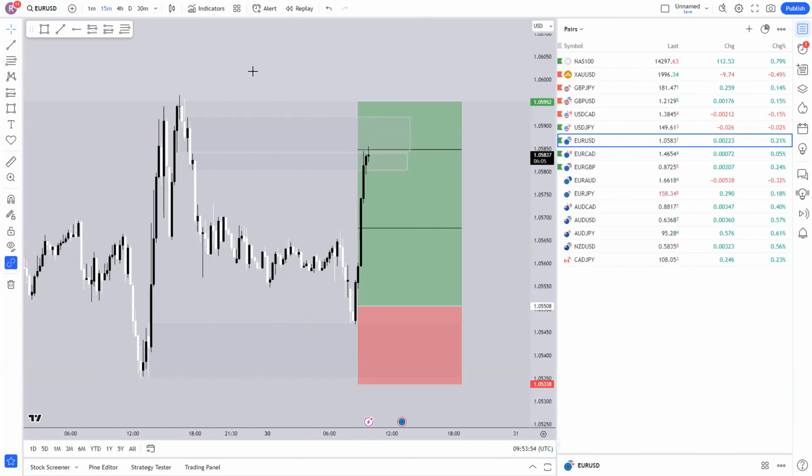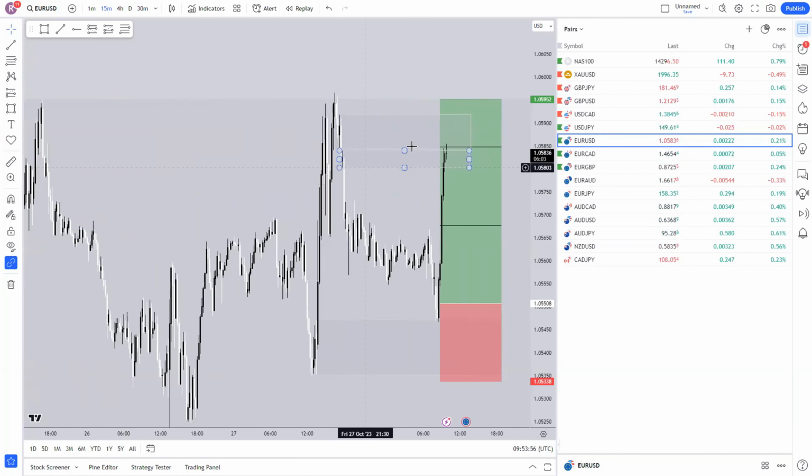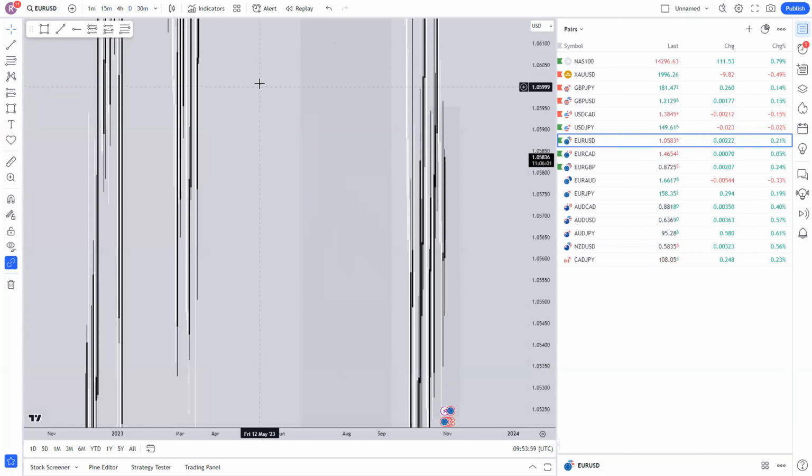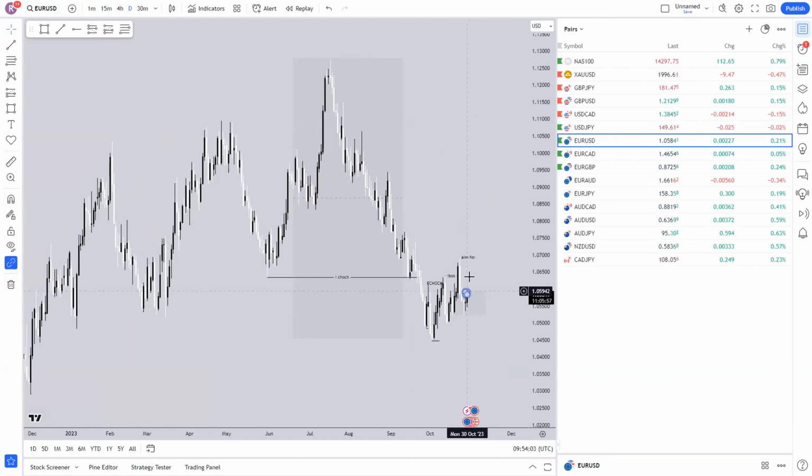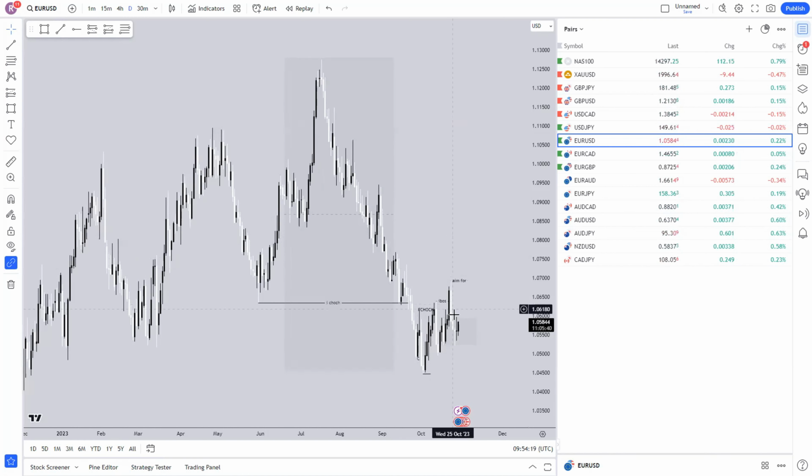We can expect to sell now? No. If you look here on the daily, we're still bullish internally until we get above this 50% mark. As soon as we get close or around this 50% mark, we then have a higher probability of sells happening.